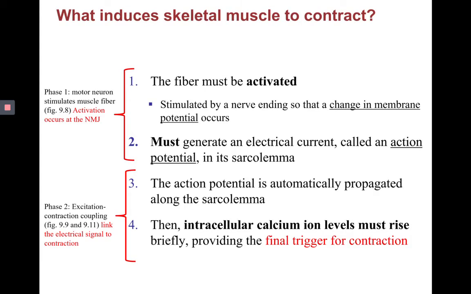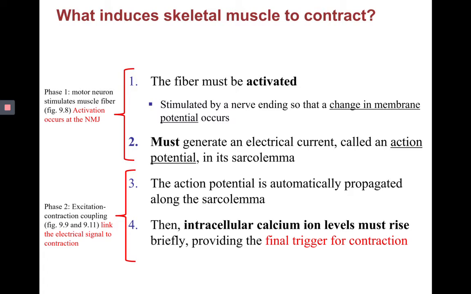So what's inducing skeletal muscle contraction? Let's start all the way back at our nervous system stimulation again. That's because our first step is at the neuromuscular junction. So this is activation at the neuromuscular junction, where the fiber must be activated via a change in membrane potential. This is a charge, so we have to have that charge jump from the motor neuron to the sarcolemma of the skeletal muscle fiber.